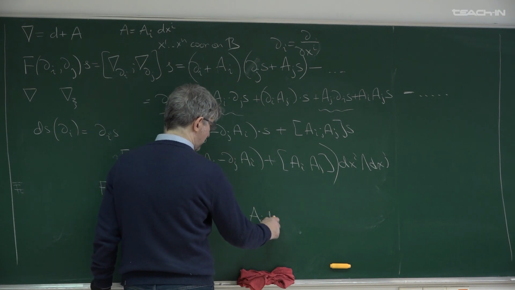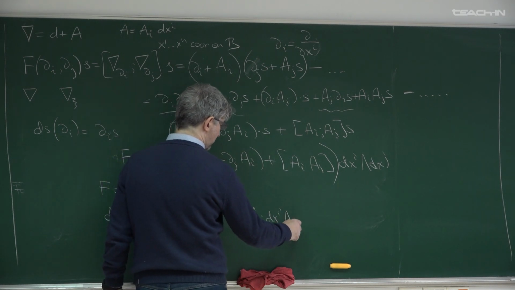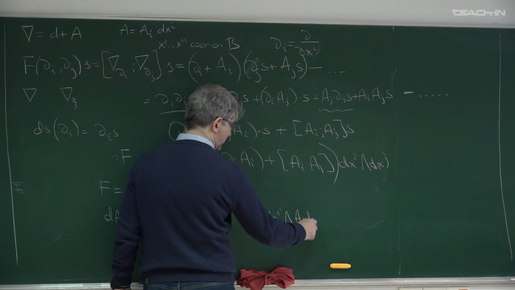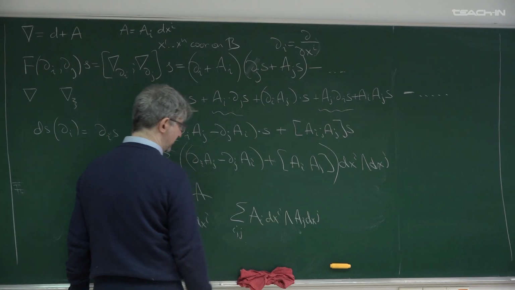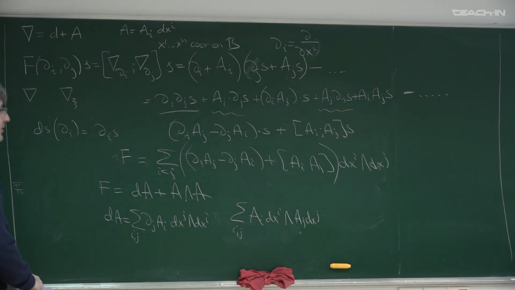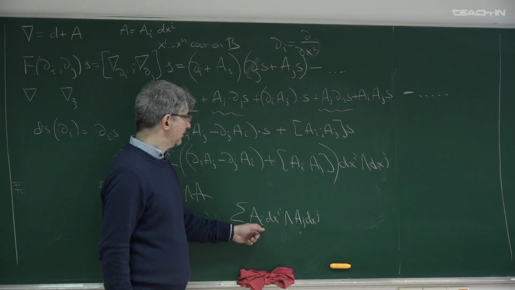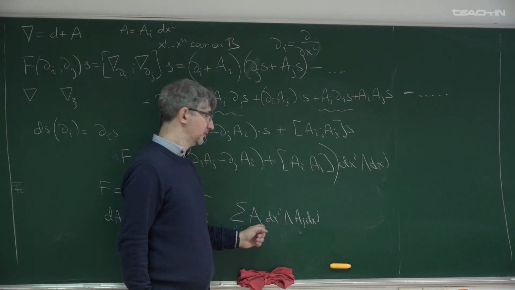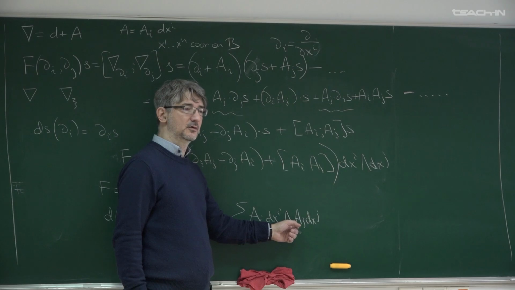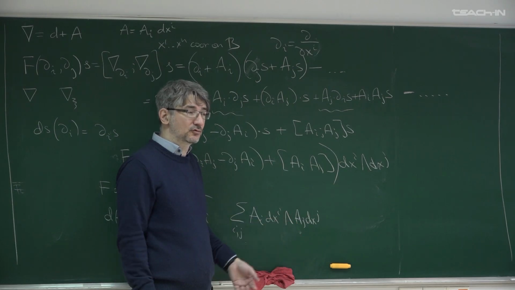A_i dx_i wedge A_j dx_j, and we take a sum over all i and j. What happens here? These are matrices. These are differentials. So you will not interchange the order of A_i and A_j because matrices do not commute.